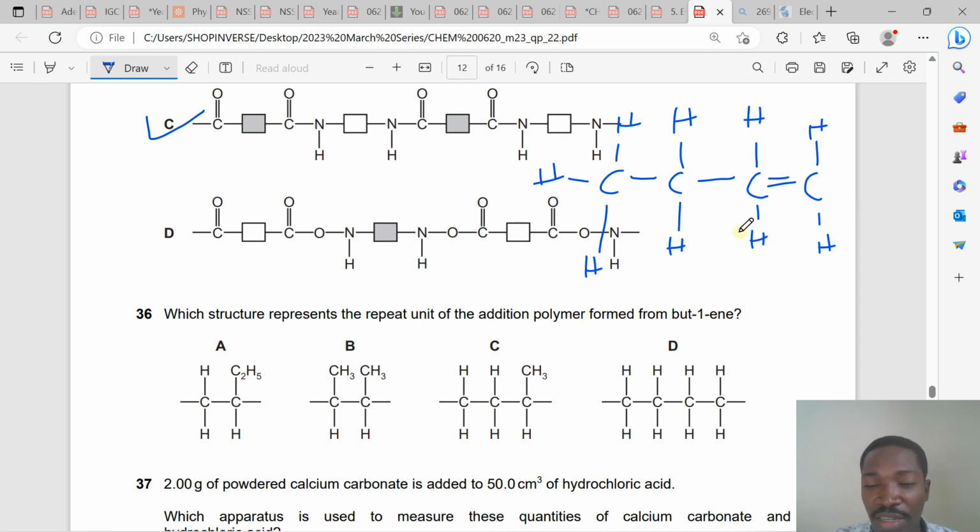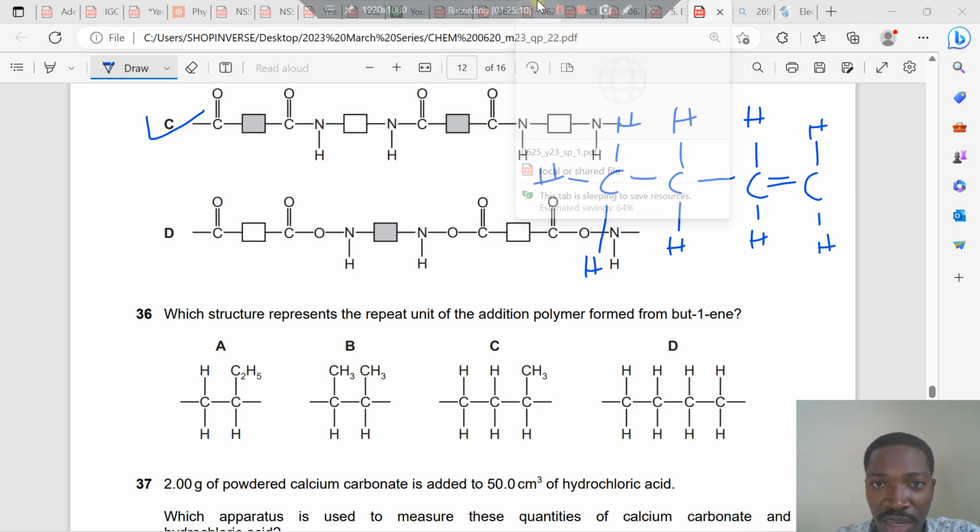If you are adding, addition polymer, then you break this bond, then you have another of this, you break this bond too, and then you bring them beside each other. Let me just draw what that will look like.